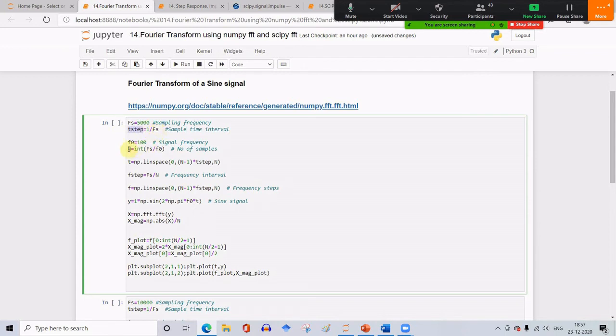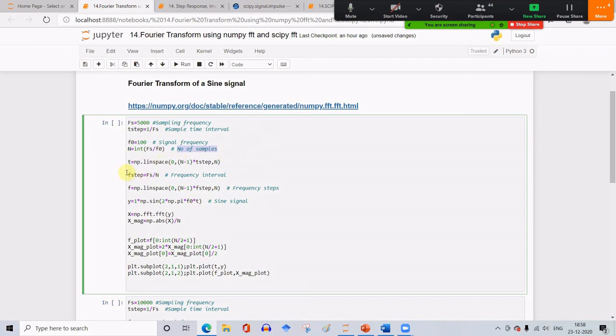Capital N is the integer part of fs by f naught. So f naught is the frequency present in the signal, and if you divide the sampling frequency by f naught, you will know how many samples there are in a cycle of the signal.